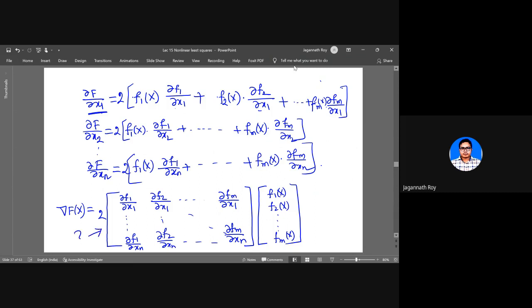Now, are you familiar with this notation, with this matrix? Jacobian. Yes, but it should be the transpose.